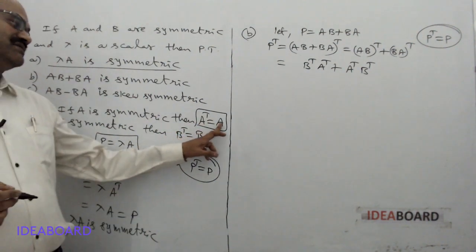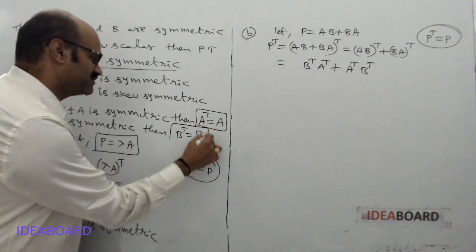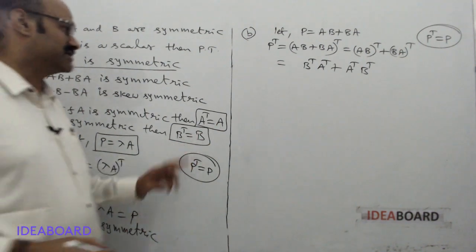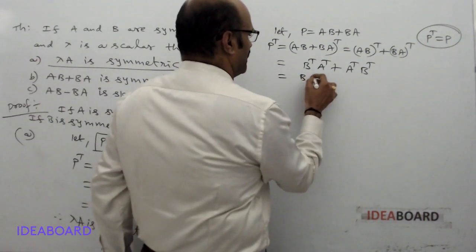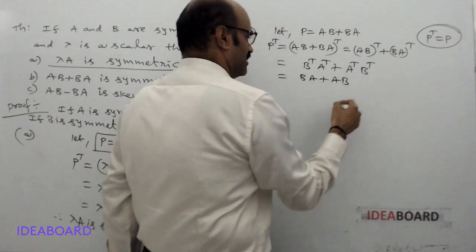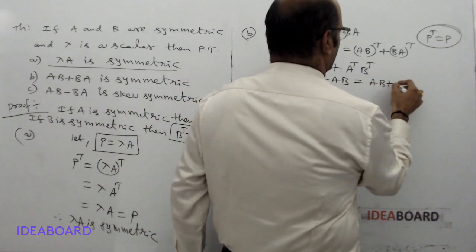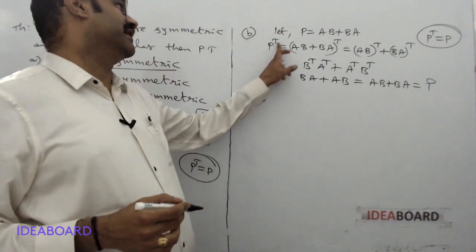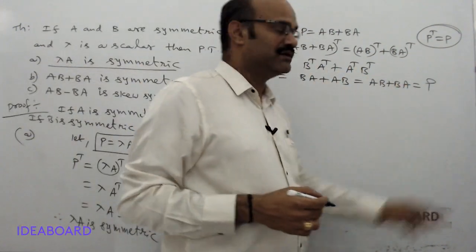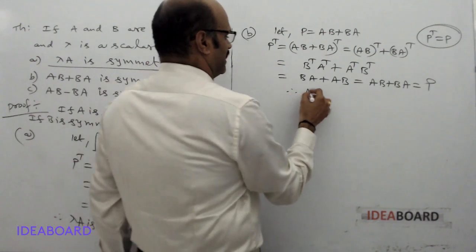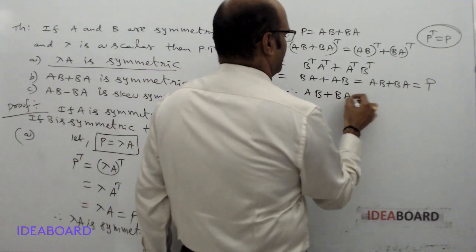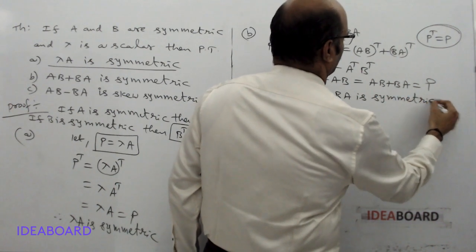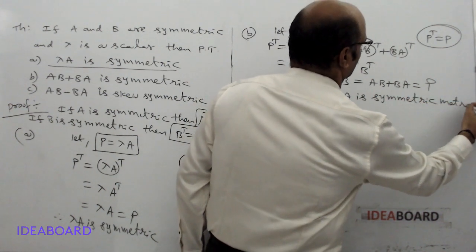Here we have A transpose equal to A and B transpose equal to B from the given problem. So we take it as BA plus AB equal to AB plus BA, which equals P. So we are getting P transpose equal to P. Therefore, we say that AB plus BA is a symmetric matrix.